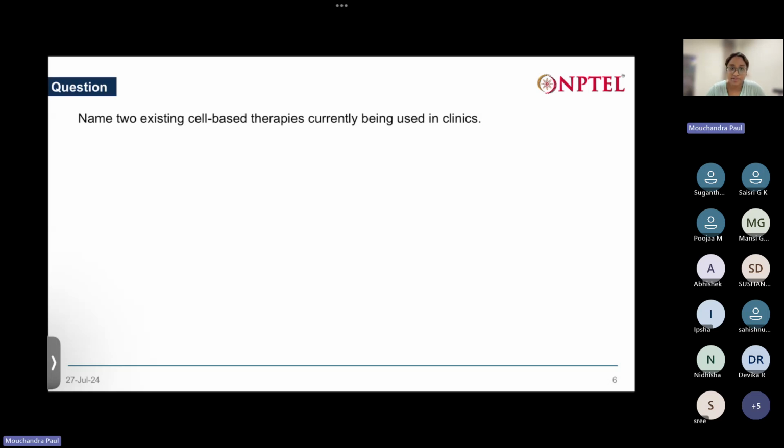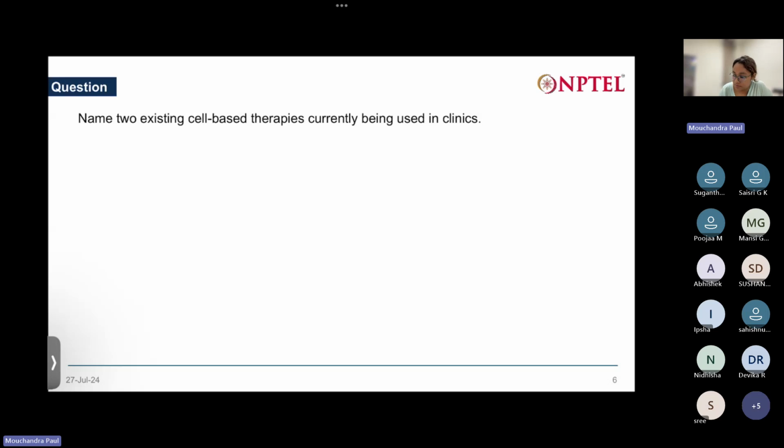Obviously, you guys have to answer. Name 2 existing cell-based therapies that are currently being used in clinics. Anyone? So what do you understand by cell-based therapy?